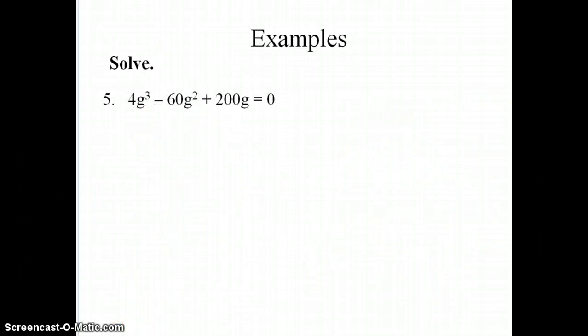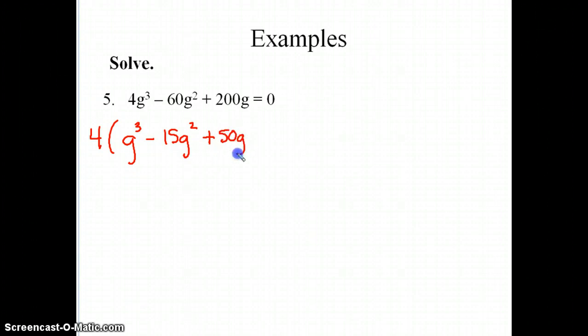Moving on to example number 5. When I look at this example, I already have it in standard form, and I do know that I actually have a GCF of 4. So I pull out the 4. When I pull the 4 out, I'm left with g cubed minus 15g squared plus 50g equal to 0.